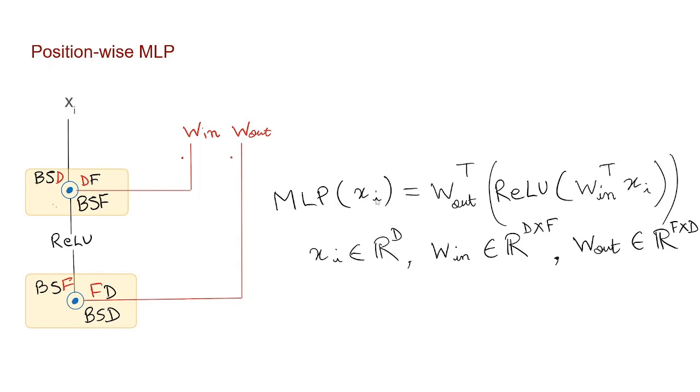Xi is a D-dimensional vector for a particular token in the sequence. The MLP operation is happening for each token in the sequence individually, independently. And the resulting output is again D-dimensional.